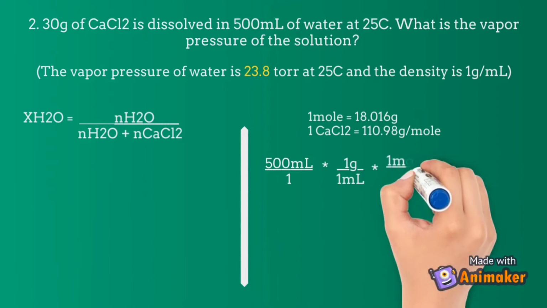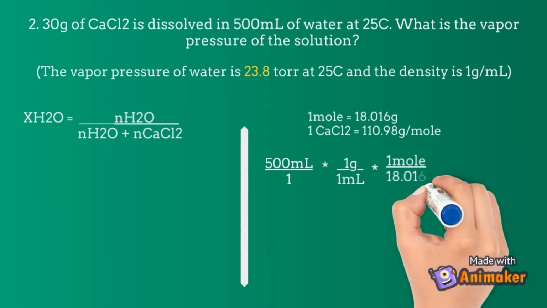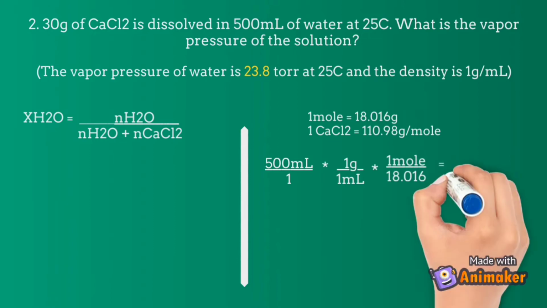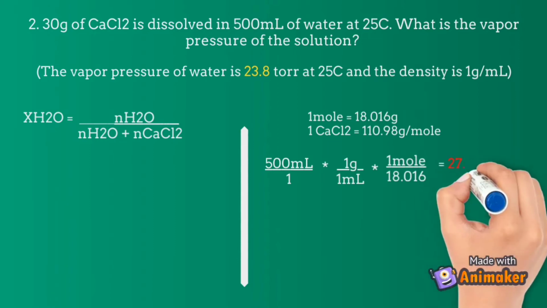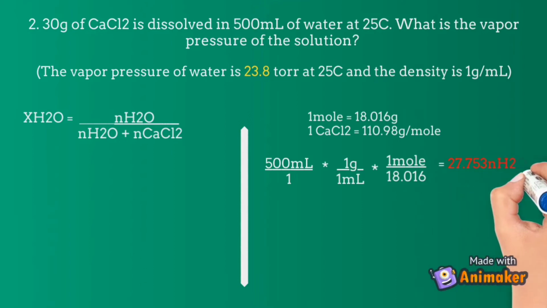Since 1 mole is equal to 18.016 grams, we multiply by 1 mole over 18.016 grams. Multiply the top and the bottom and then divide, and we get the answer 27.753 mole of water.